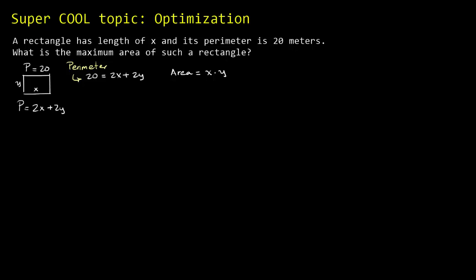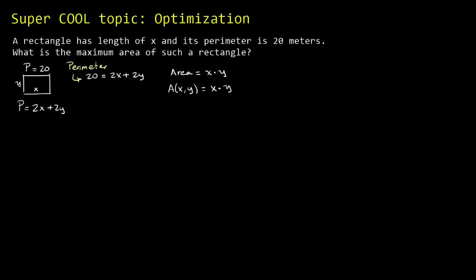If I write this properly, it will be A of x times y. Now, this presents a problem because we have two variables, and so far we have only seen functions with one variable. So we got to find a way to reduce one of these variables.